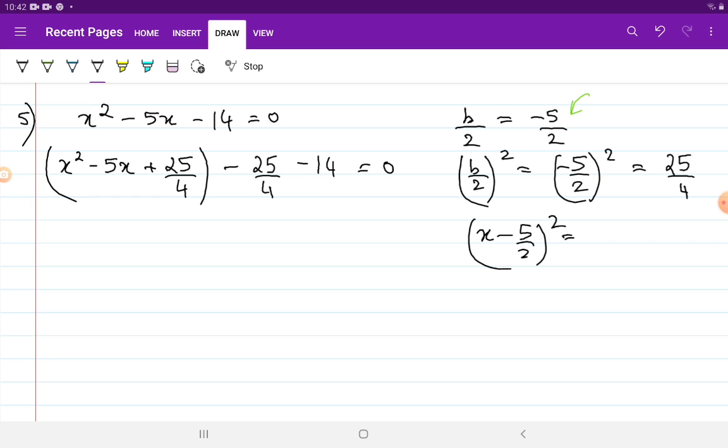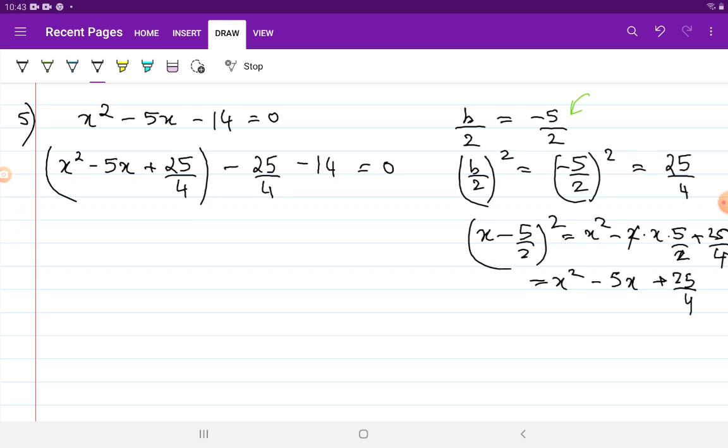A minus b whole square is a square minus 2ab, so that's minus 2 into a into b, plus b square, which will be 5 by 2 whole square, so that's 25 by 4. So you got that as x square minus 5x, since 2 and 2 cancel, plus 25 by 4.